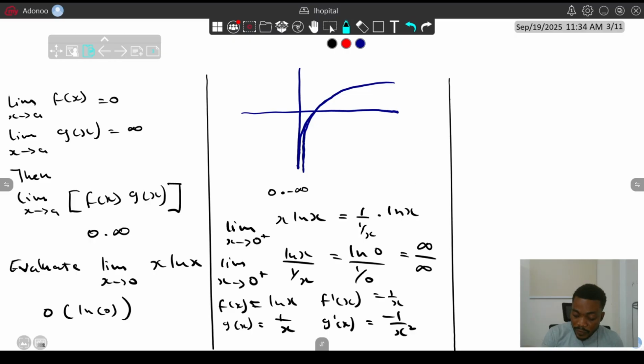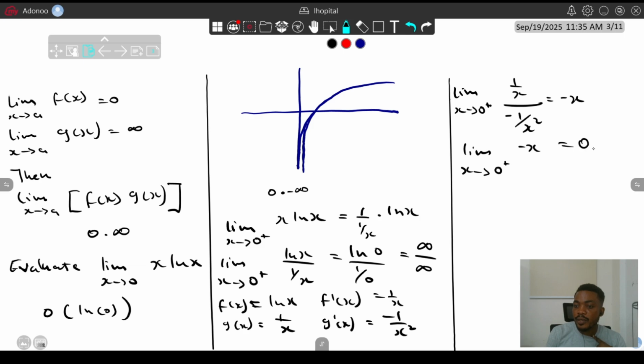So we insert it into the limit function, and we have the limit as x approaches 0 from the right of 1 over x all over minus 1 over x squared, right? And if we simplify this, we end up having negative x. So if we take the limit as x approaches 0 from the right of negative x, our answer is 0.